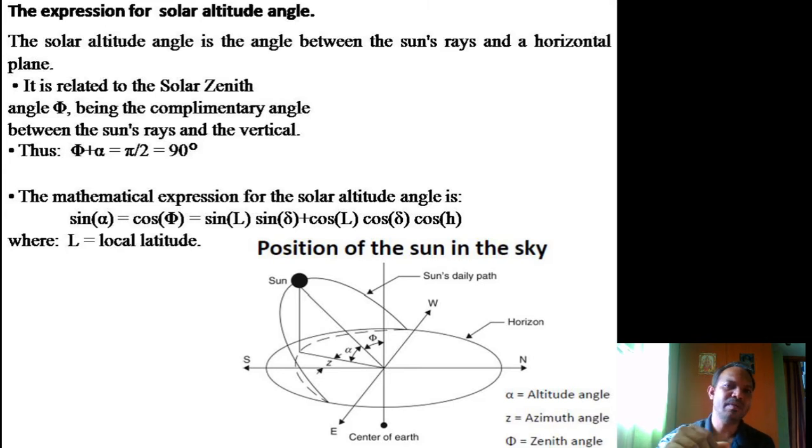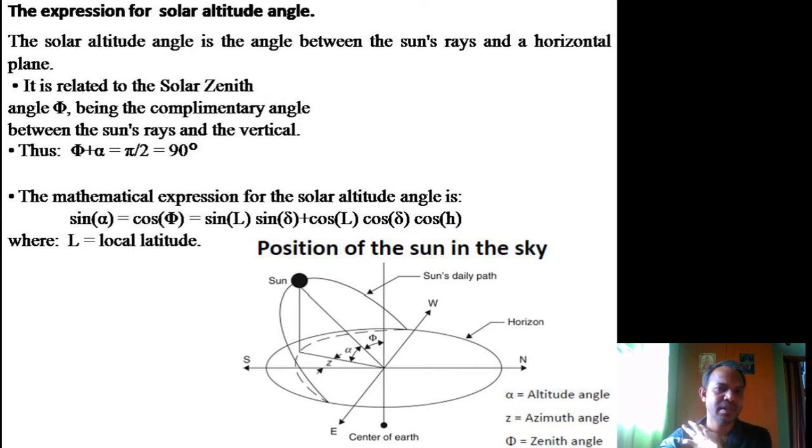Is it clear? Now the solar altitude angle, which has been defined with respect to the horizontal plane, is related to the solar zenith angle, which is always given by 90 minus alpha. What is this alpha? It is nothing but the altitude angle. The zenith angle is denoted by phi. It is related to the solar altitude angle, phi being a complementary angle between the sun's rays and the vertical plane.